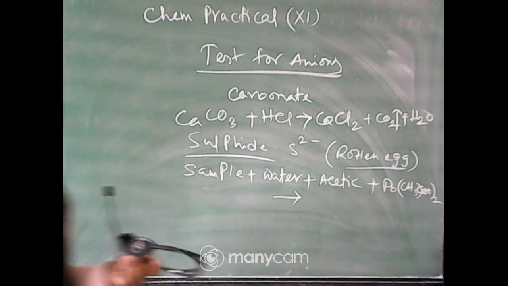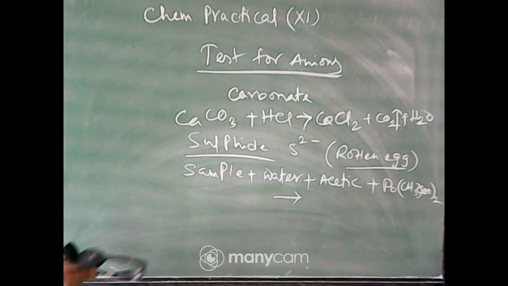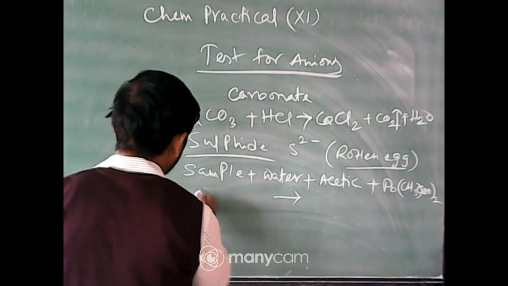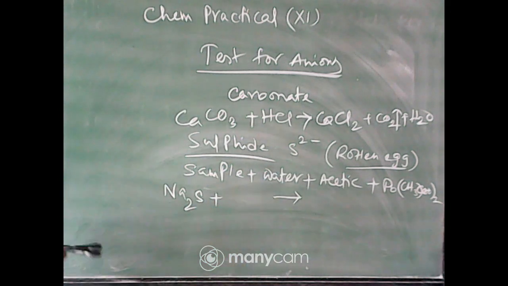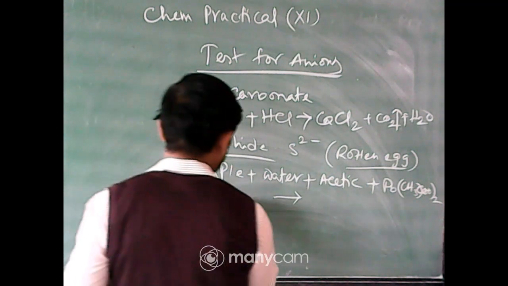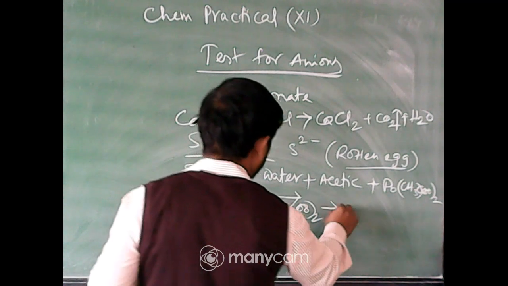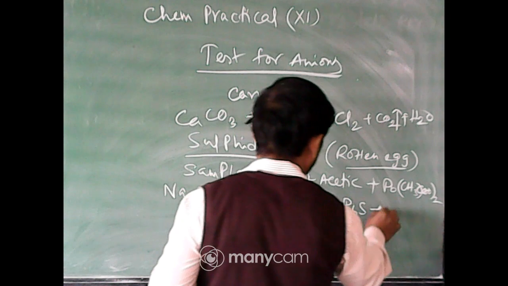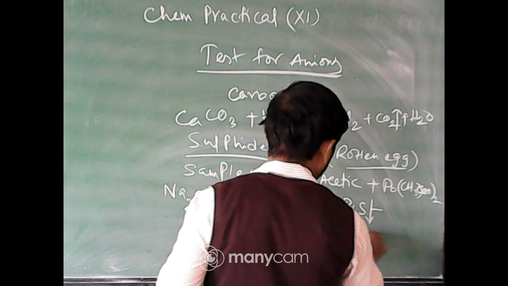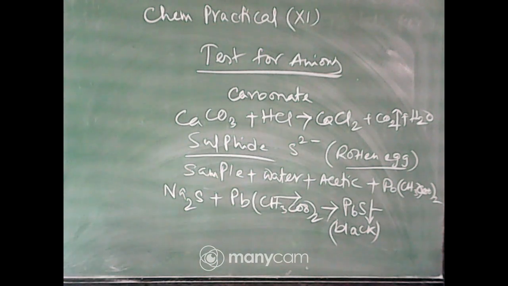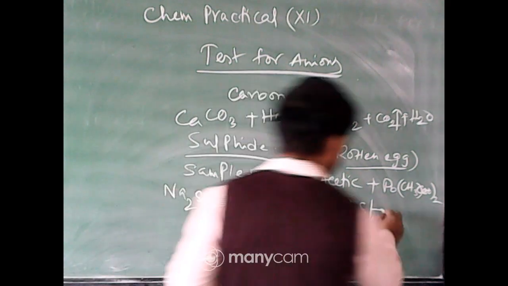Now what is the chemistry here? Sulphide. Suppose sodium sulphide is taken as a sample, then with lead acetate it will produce lead sulphide, PbS, which is of black color, plus sodium acetate.